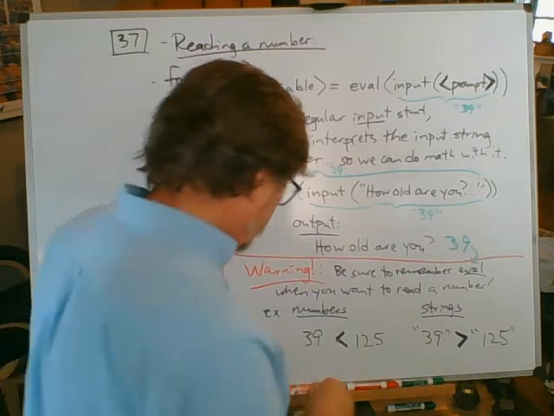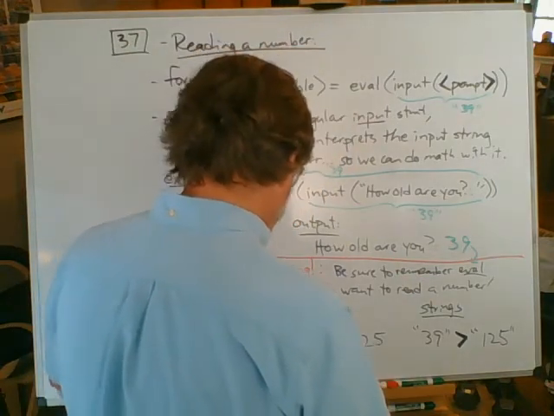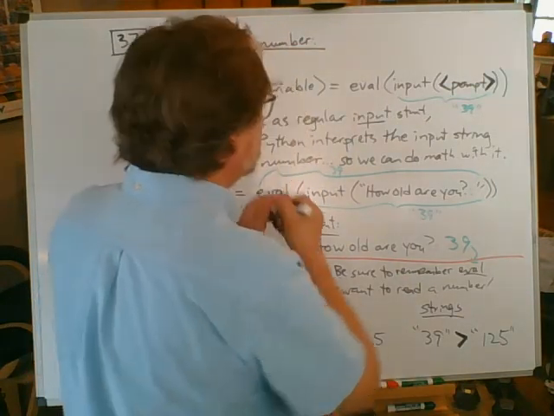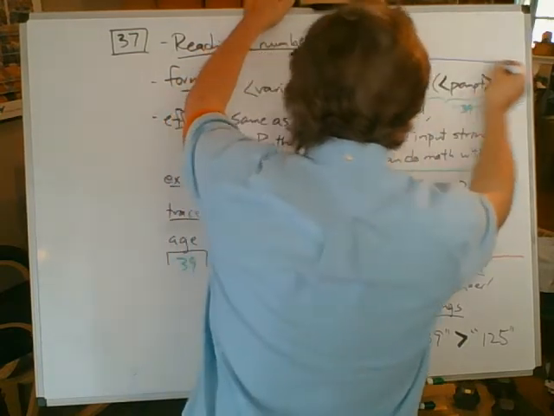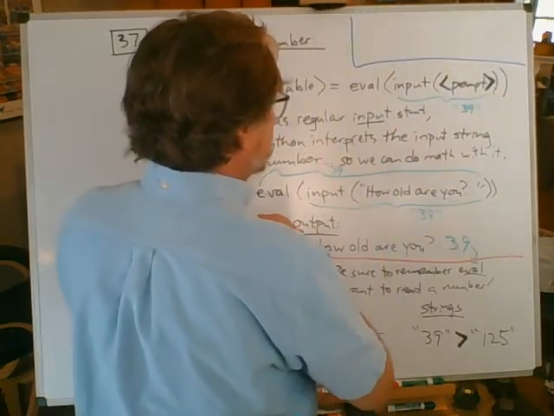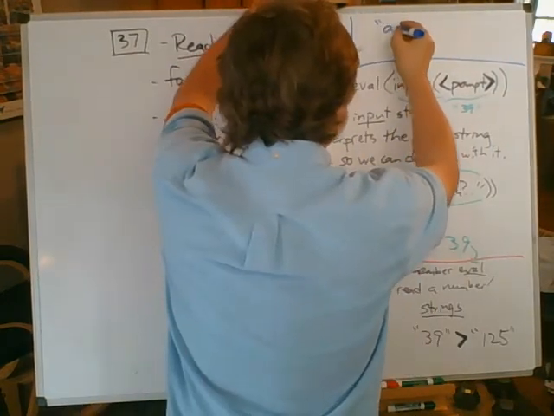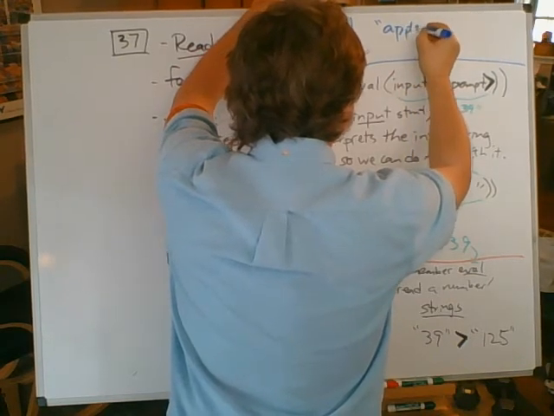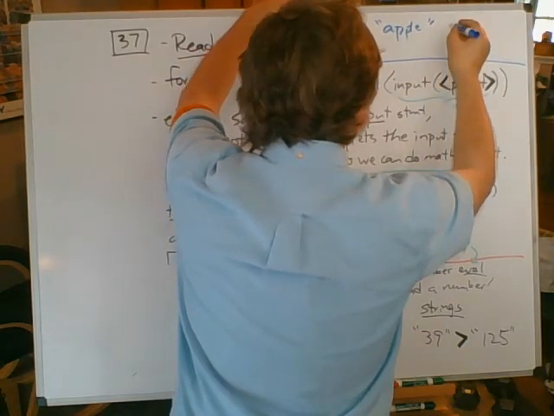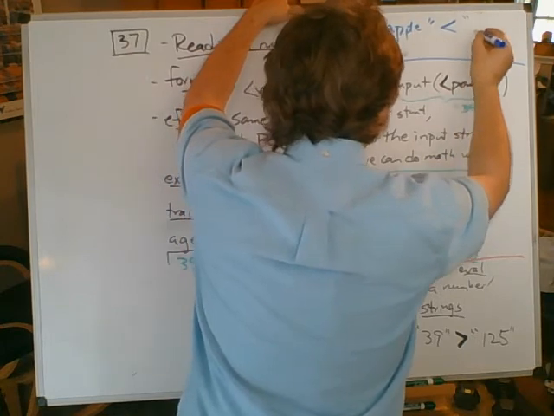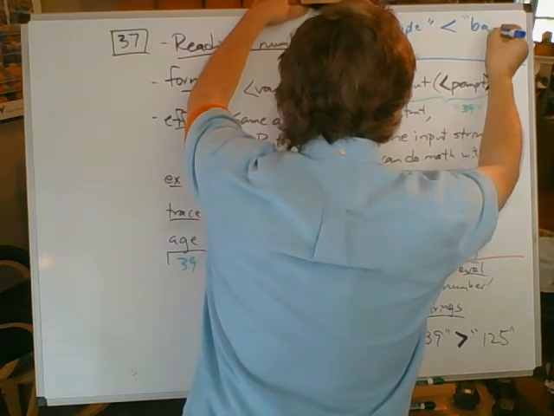You know what? I've been so inefficient with use of board space, it's not going to matter if I make another mess up here. Let me put one that makes absolutely, positively intuitive sense up here. Here's a string apple, A-P-P-L-E. That's a string. Apple is less than, double quote, bat, B-A-T.